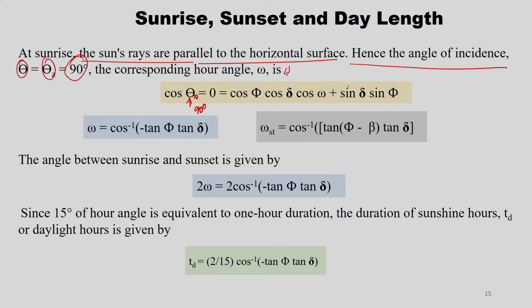In this particular equation, if we substitute theta z, the zenith angle, as 90 degree, then it becomes 0. So, it will be sin delta sin phi equal to minus cos phi cos delta cos omega. If we want to calculate cos omega at sunrise or sunset, a subscript s is added.